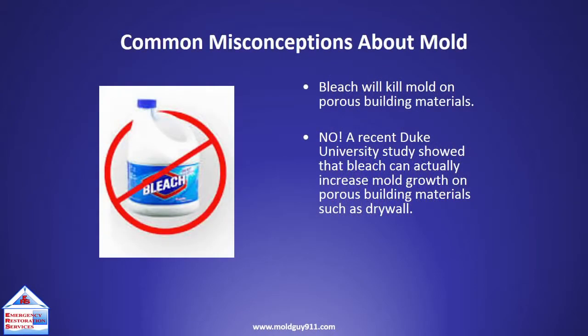Bleach. How many people have heard use bleach to kill mold? All right. I'm going to tell you bleach is not the right answer for you. This is where we're going to get a little bit technical for a second. The active ingredient in bleach is sodium hypochlorite. And if you look on a bottle of bleach, it'll always say active ingredient 6% sodium hypochlorite. 94% other inactive ingredients.